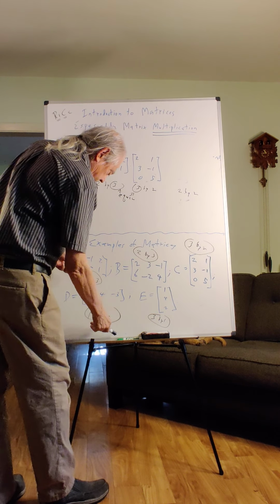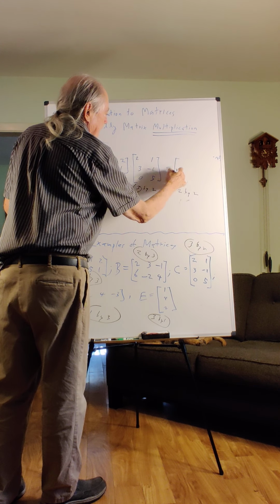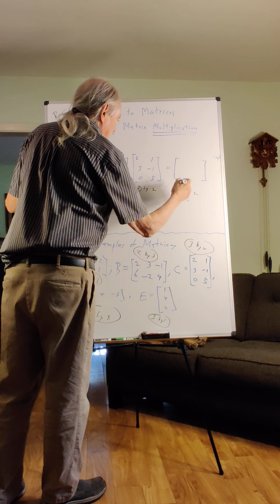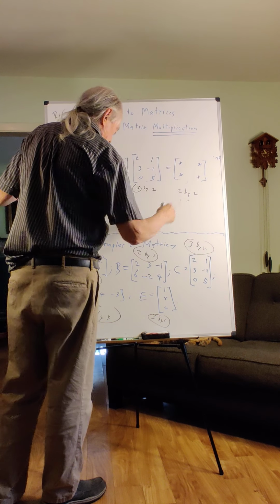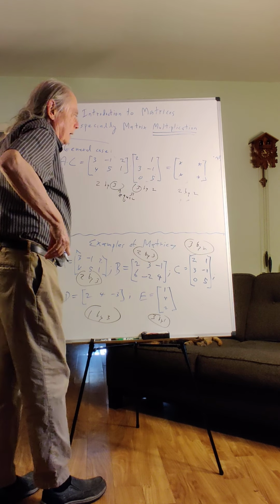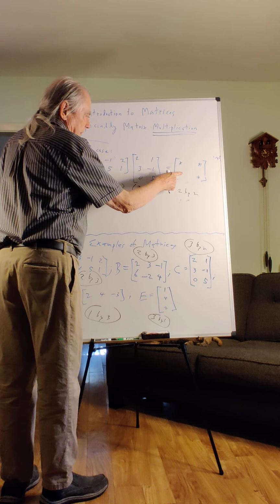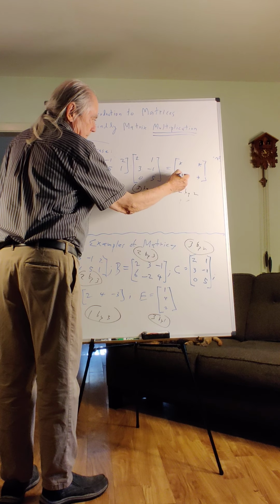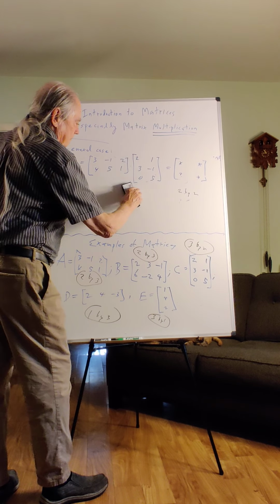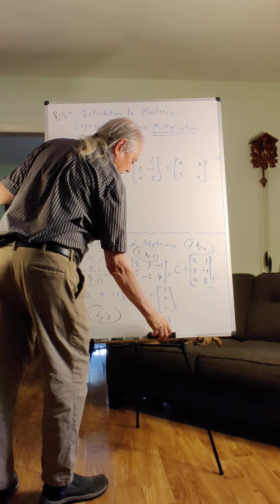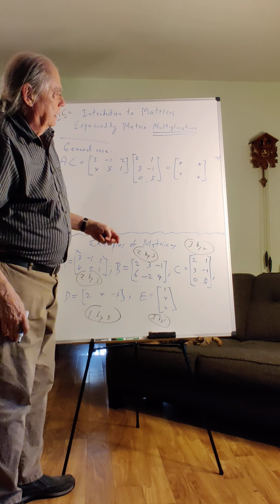All right, let's do that calculation. So we have 4 numbers to find. Now let's pick one of them at random, and I'll show you how to find it. So let's calculate this number. Okay.